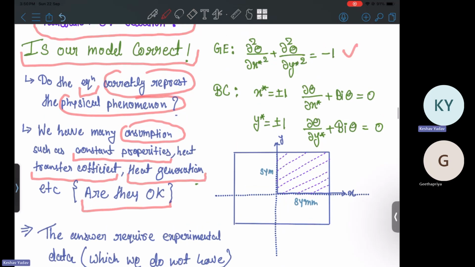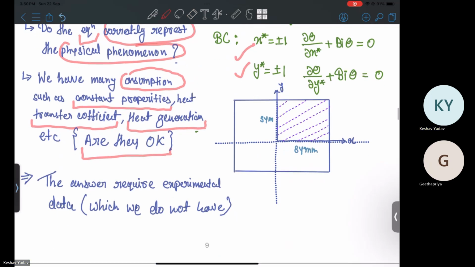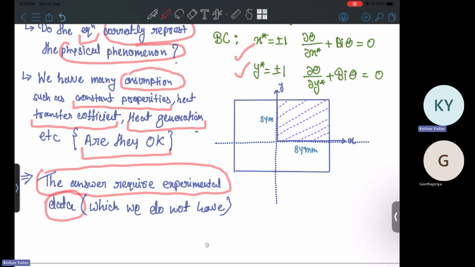This is my governing equation and these are my boundary conditions. So how can we answer this question? The easiest way is if we have the experimental data. With experimental data, we can see whether the assumptions we are making are correct or not. So we have the experimental data for different thermal conductivity values.